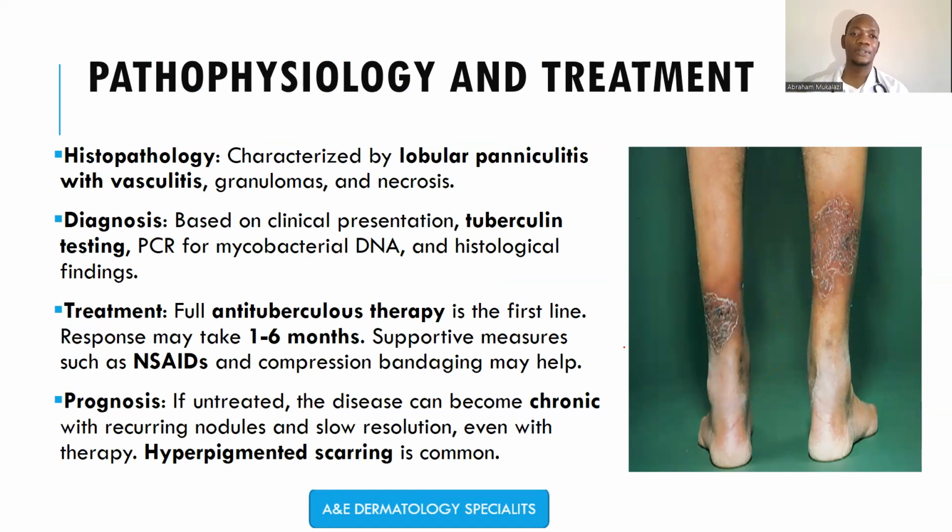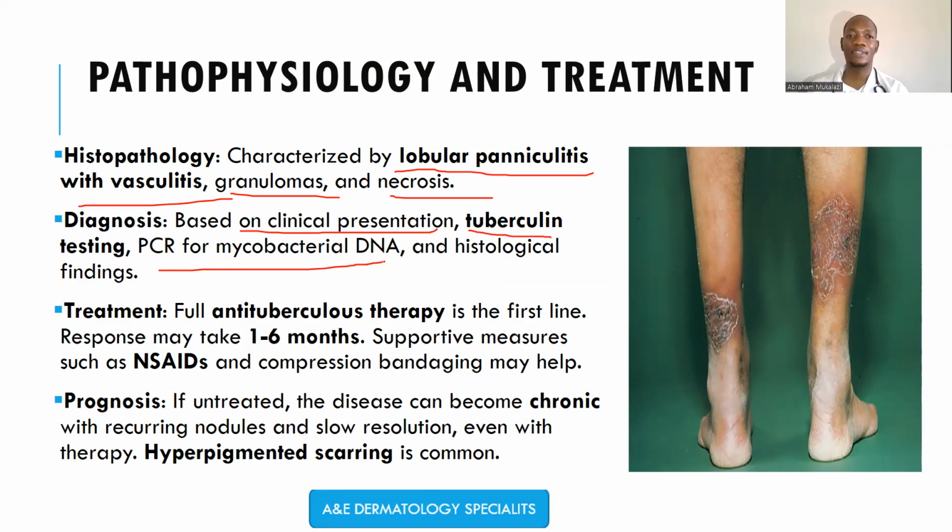In the histology, you see lobular panniculitis with vasculitis. Sometimes you see occasional granulomas with central necrosis, the picture we usually see in tuberculosis. The diagnosis can be made on clinical presentation. Then you do a tuberculosis test.